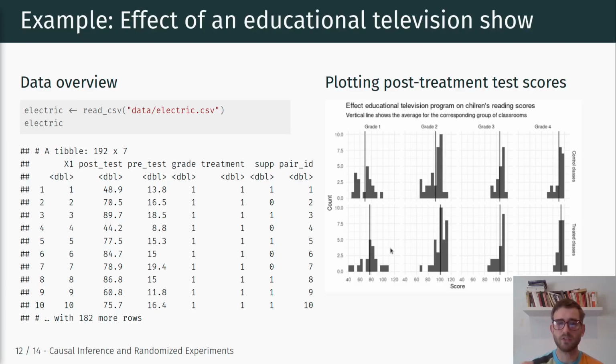Of course, rather than just analyzing this visually, we want to provide an estimate of how much of an effect this intervention has, whether it can be attributed to pure chance, or whether there's actually something more systematic going on.